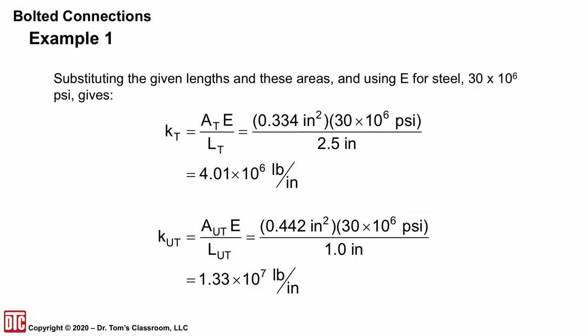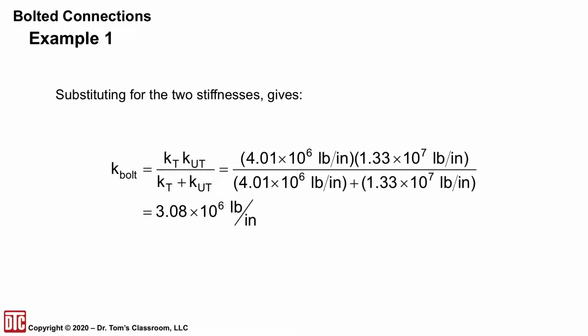Note the powers, the K sub T is about 4 times 10 to the 6, whereas K sub UT is 1 times 10 to the 7. So really what you have down there is 13.3 times 10 to the 6. That kind of helps in your math. So now put that into our equation for the stiffness of the bolt.